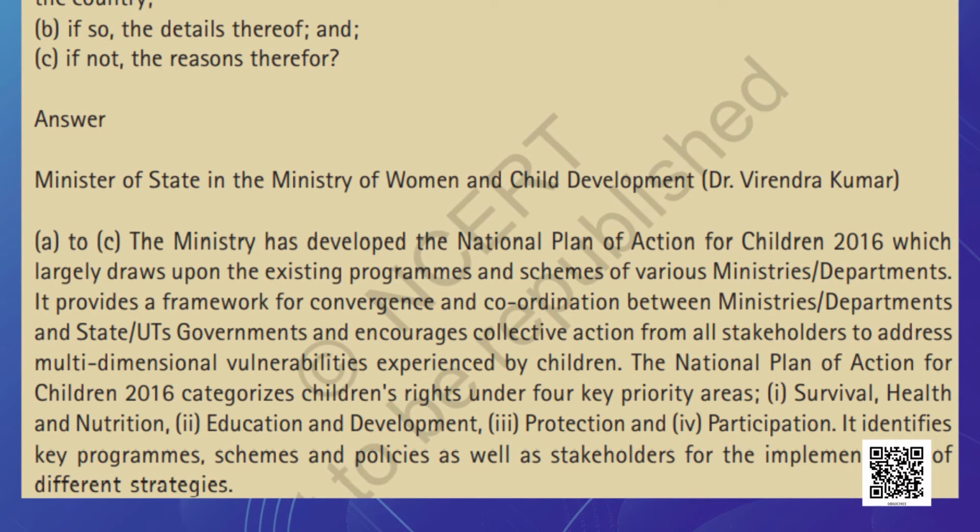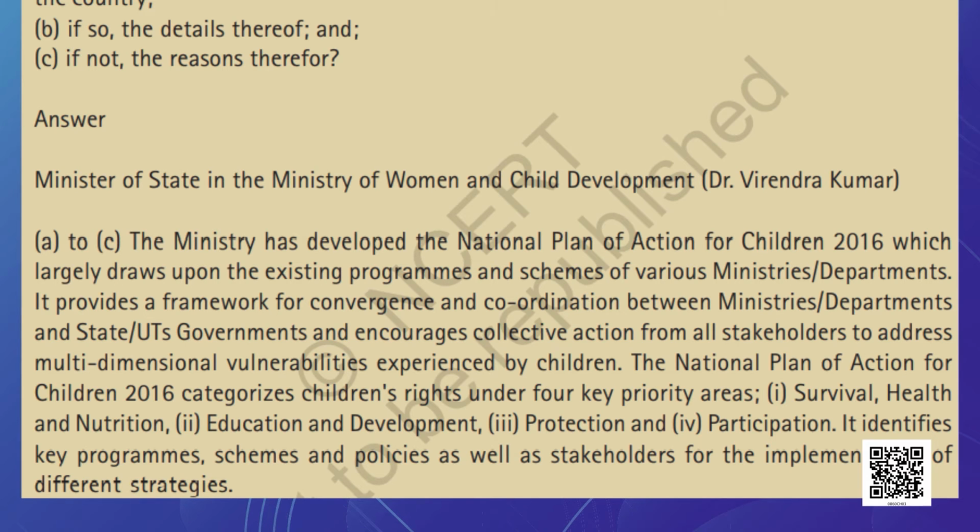A to C. The Ministry has developed the National Plan of Action for Children 2016, which largely draws upon the existing programs and schemes of various ministries and departments. It provides a framework for convergence and coordination between ministerial departments and state and UT governments and encourages collective action from all stakeholders to address multidimensional vulnerabilities experienced by children.